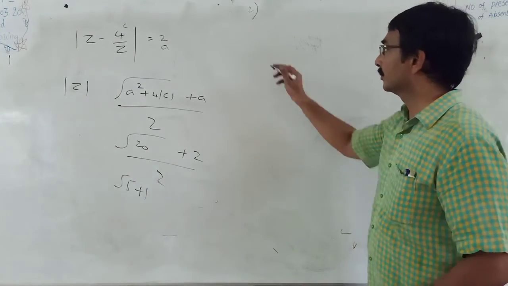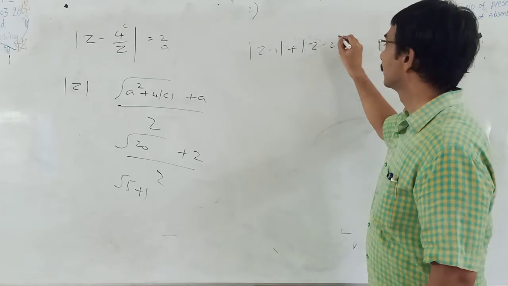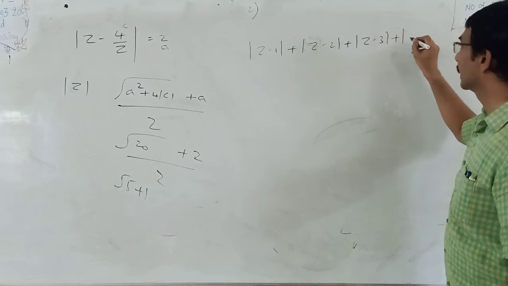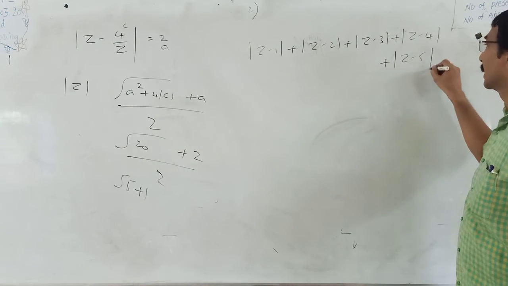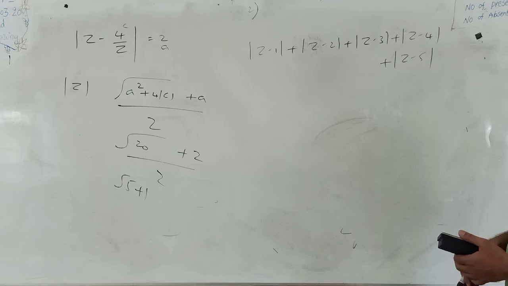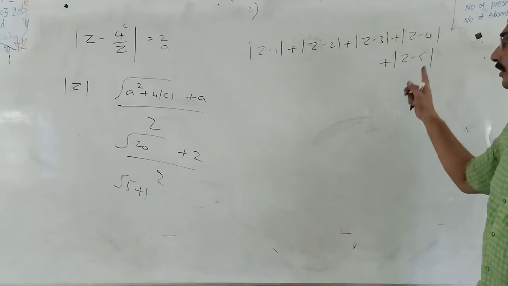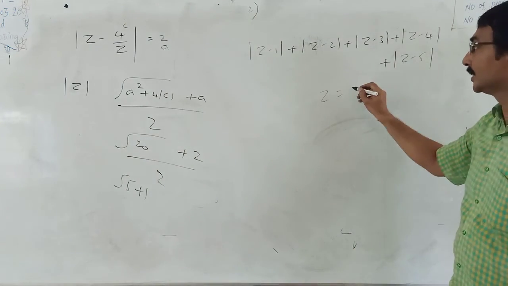See the third problem, minimum value of modulus of z minus 1 plus modulus of z minus 2 plus modulus of z minus 3 plus modulus of z minus 4 plus modulus of z minus 5. There are 5 terms, 1, 2, 3, 4, 5. Therefore, this one has its minimum value at z equal to the middle value, that is 3.